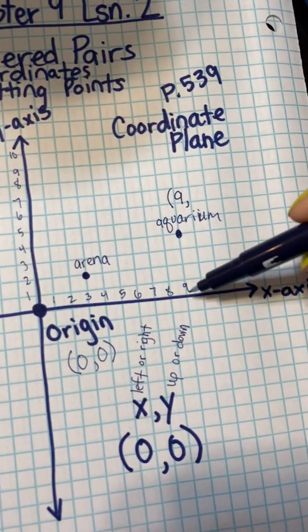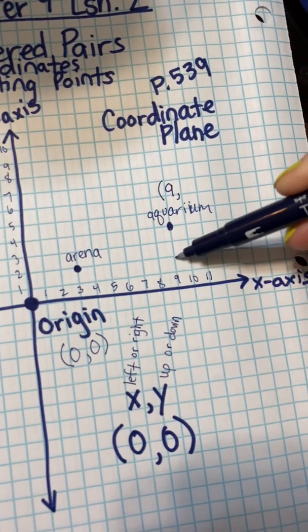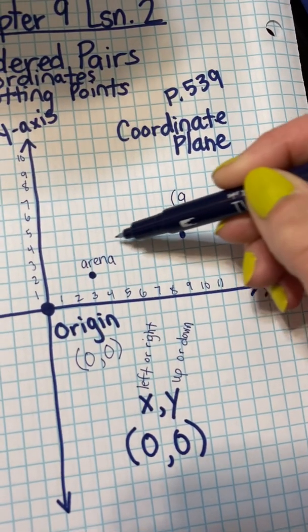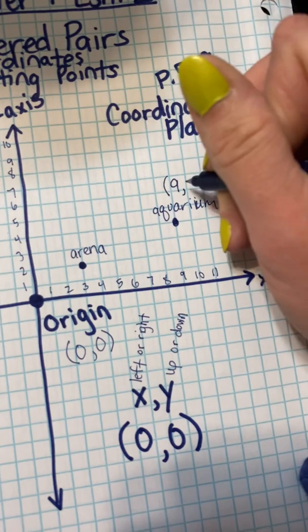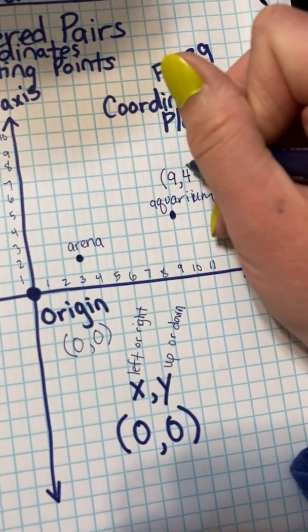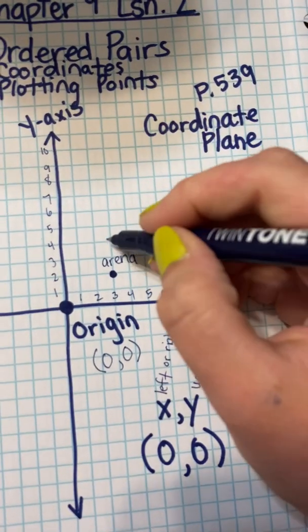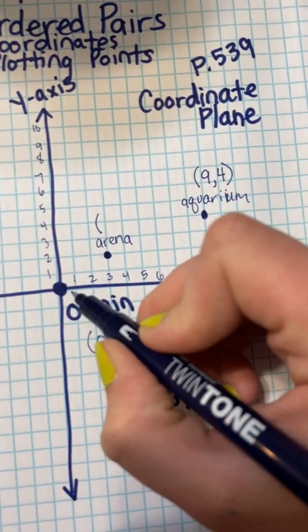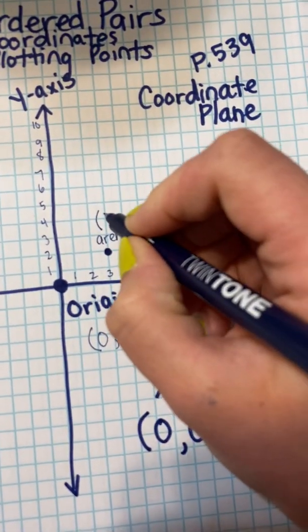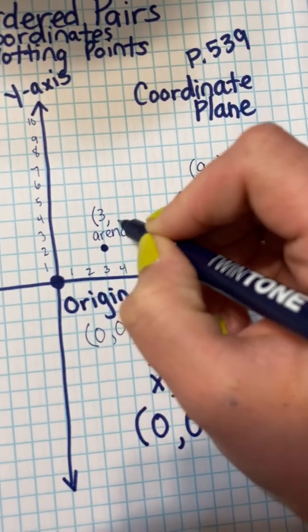And how many up? Starting here, 1, 2, 3, 4. And you can see it over here, 4. So, comma, and then a 4. Those are my coordinates for the aquarium. And the arena was what? 1, 2, 3, comma, 2.